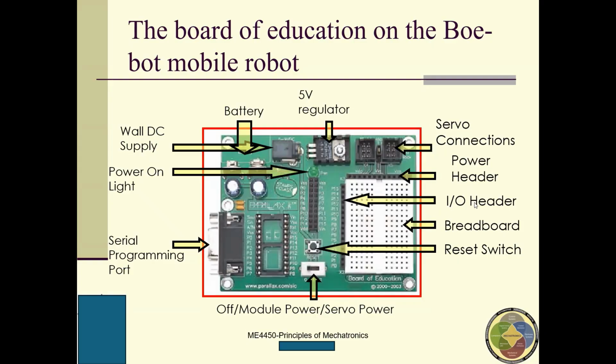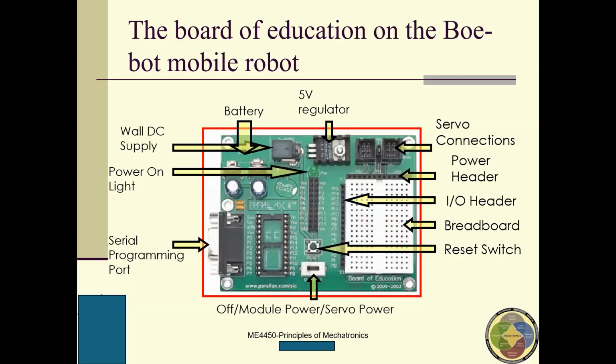Here is the I/O header. This is a breadboard, and you can do a lot of things based on your needs. You can see a lot of holes you can play with. This one is a reset switch. This is pretty much what we have today.